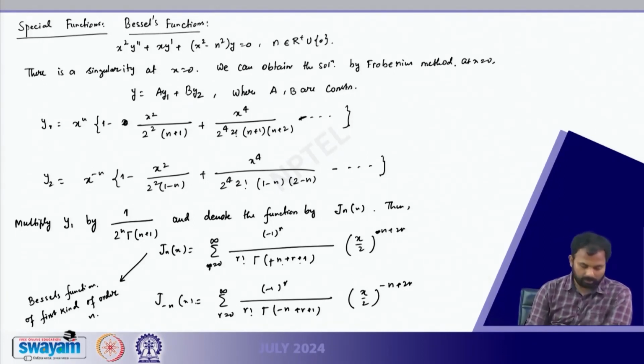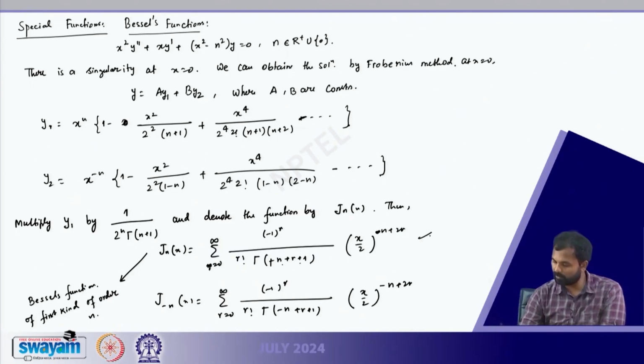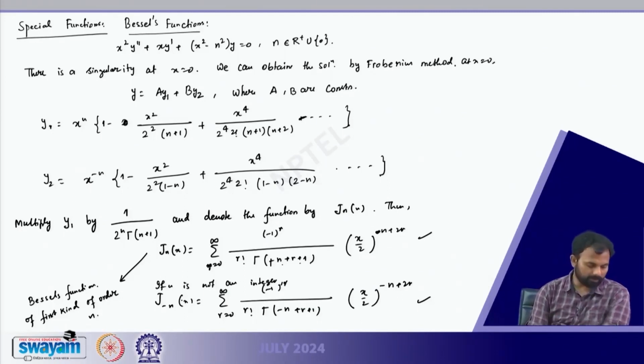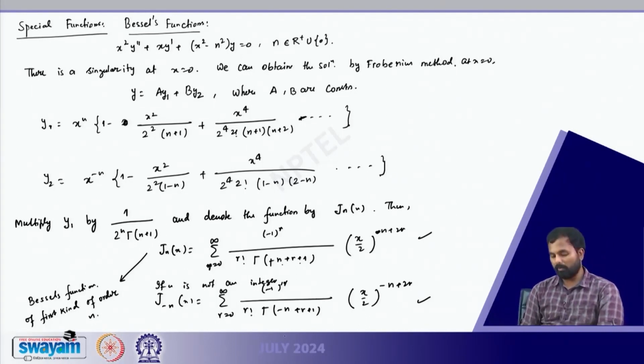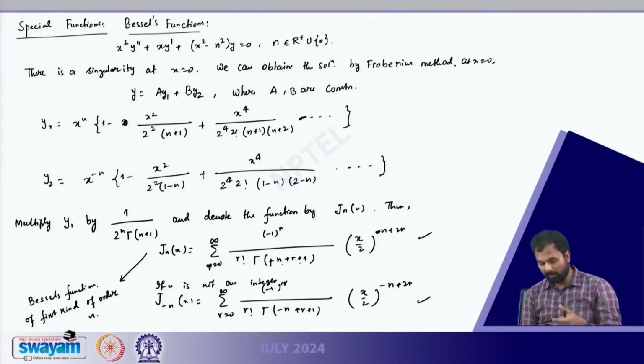Now we have these two expressions, and if n is not an integer, then we have J_minus n(x). The second solution will be this one. So, now we have written the Bessel functions.